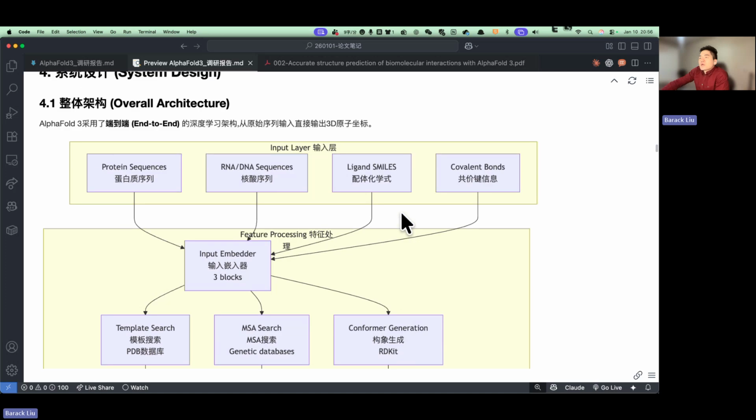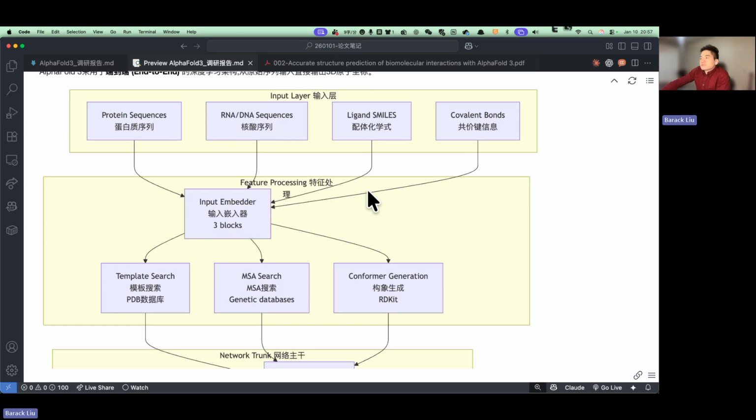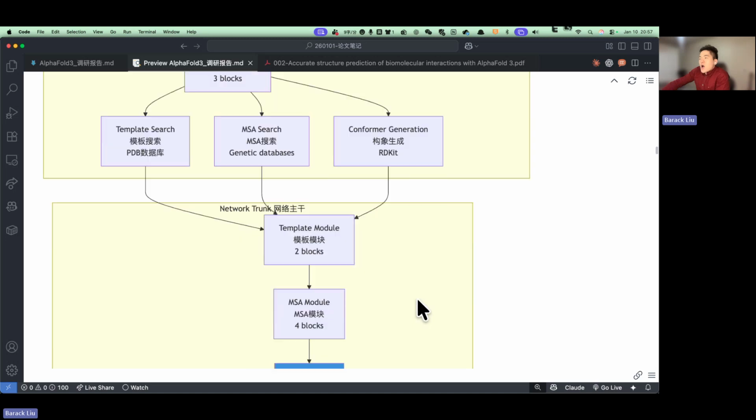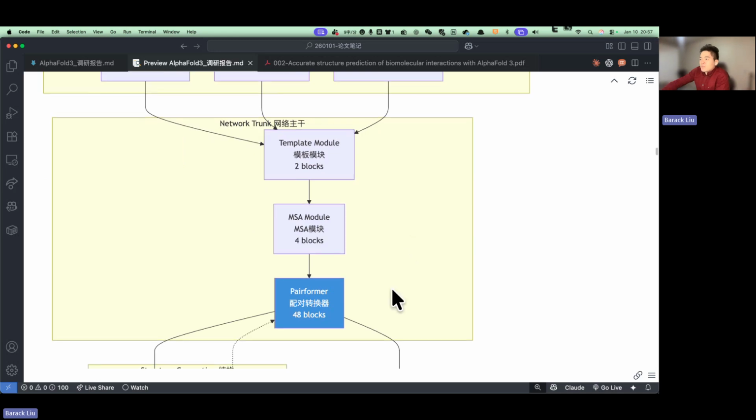6 layers. Input layer: protein sequence, RNA, DNA sequence, ligand SMILES, covalent bonds. Feature processing: input embedder, template search, MSA search, conformer generation. Network trunk: template module, MSA module, Pairformer.